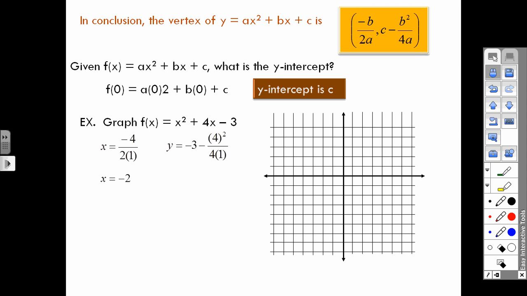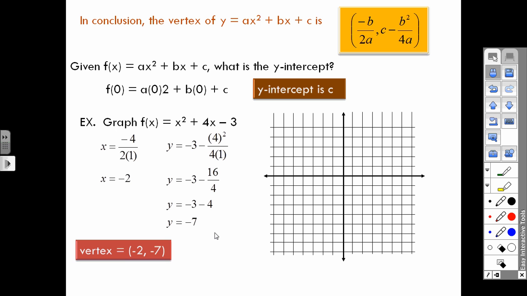So when we simplify this, this is going to be 16 over 4. So negative 3 minus 16 over 4, which you could probably do all this in your head. It gets you negative 7. Okay, so what that tells us is that our vertex is negative 2, negative 7.